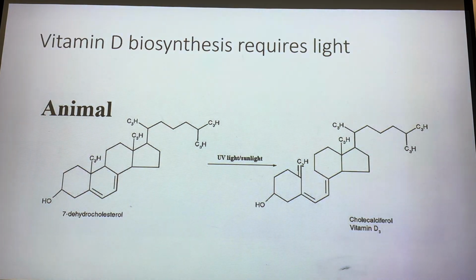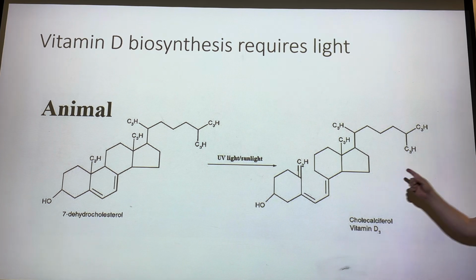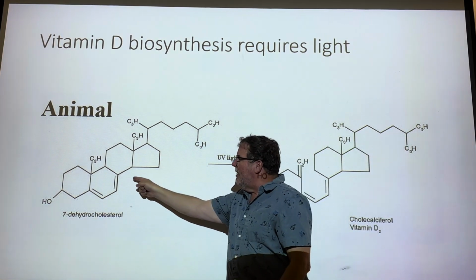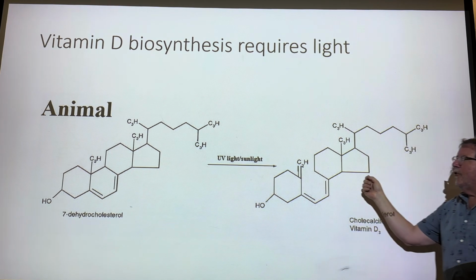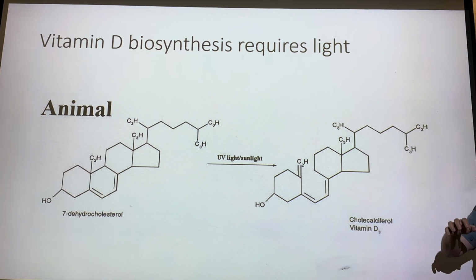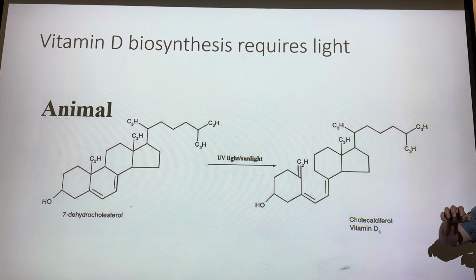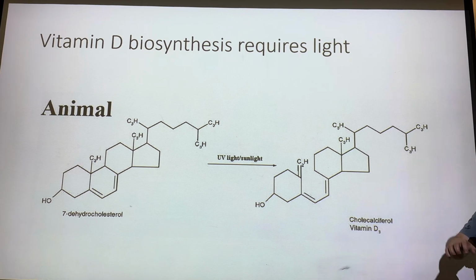Okay. The other aspect relating to skin pigmentation is that, just as I mentioned, vitamin D actually requires UV light. So now we've got folates degraded by UV light, but vitamin D requires light.